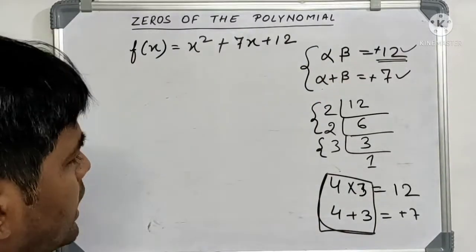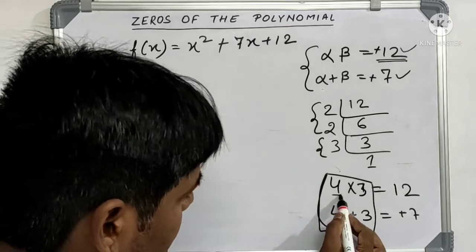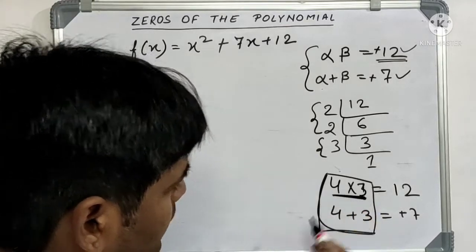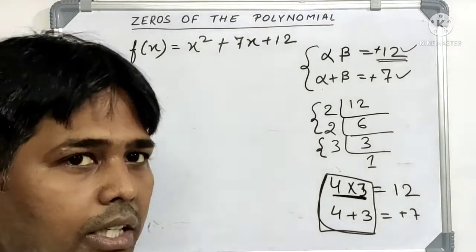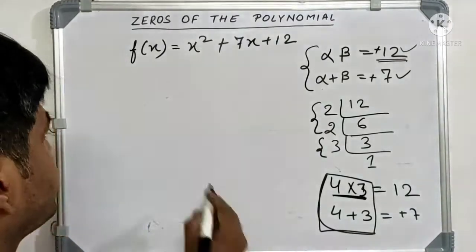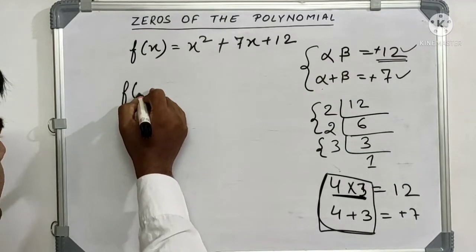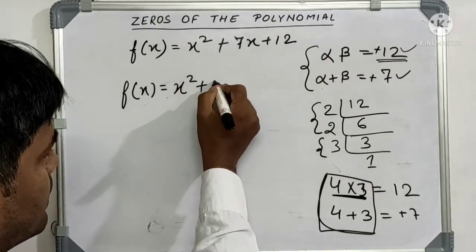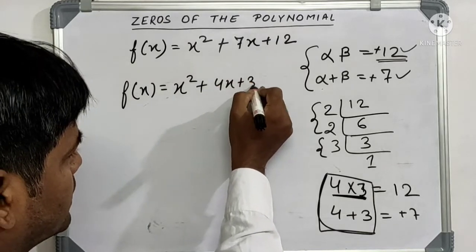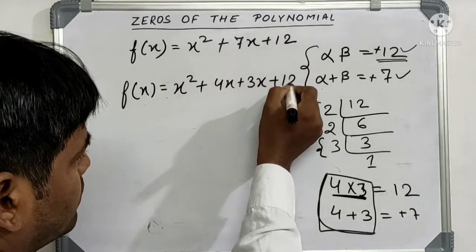Now moving forward, these are the zeros, these are the two values of x which when put into the equation will give us a net equation value equal to 0. So we can rewrite this equation like this: f(x) can be written as x square plus 4x plus 3x plus 12.